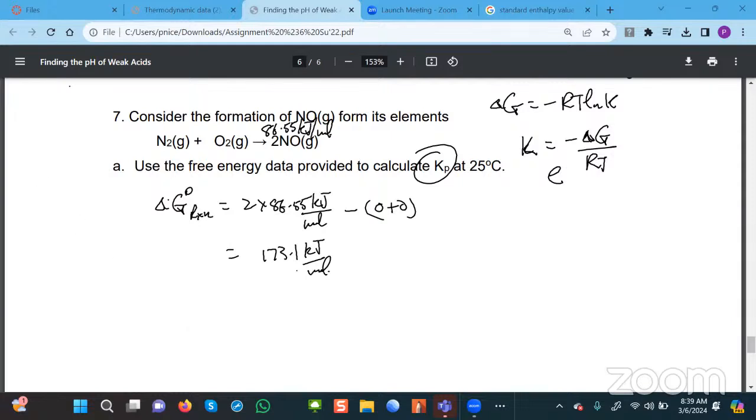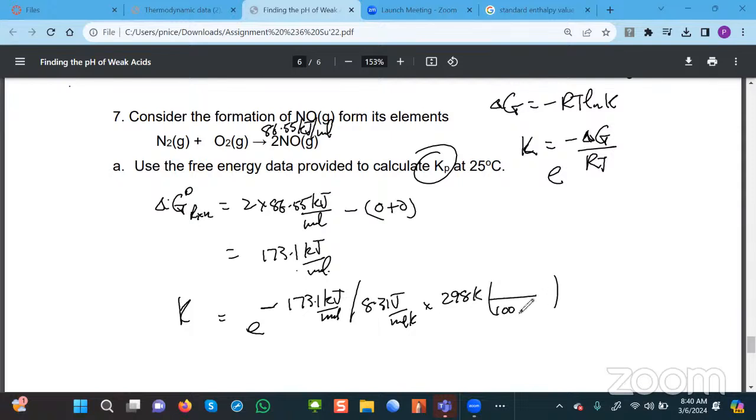So K would be equal to e to the minus 173.1 kilojoules per mole, divided by R, which is 8.31 joules per mole Kelvin, times T, which is, again, 298 Kelvin. And again, we have to convert from joules to kilojoules.